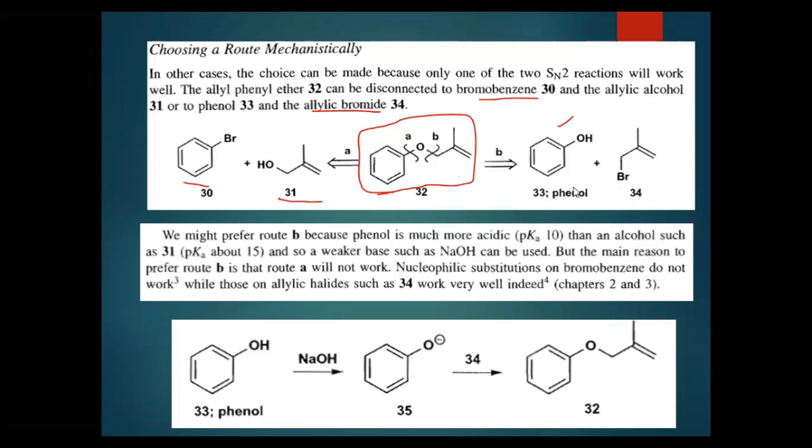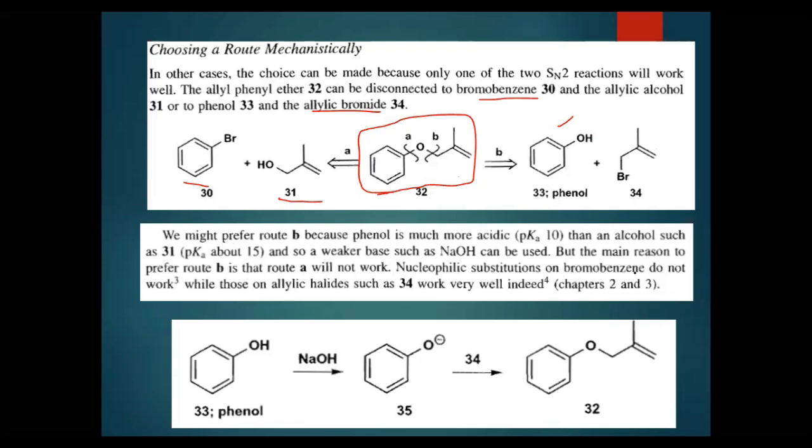But when you have phenol as the starting material and allylic bromide as the other reactant, then it is easy. First, the pKa favors it: the pKa is 10, so a weak base is sufficient to form an oxyanion, and the oxyanion can attack the carbon carrying the leaving group, resulting in the formation of allyl phenyl ether 32.